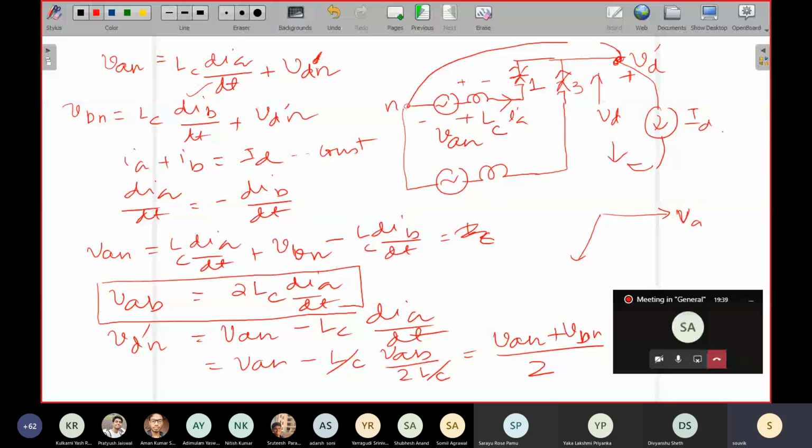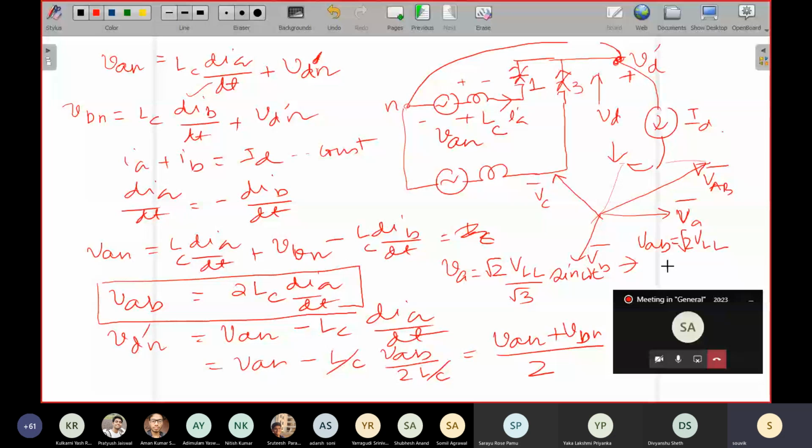If I consider VA equal to √2 times VLL, the line to line voltage, by √3, that is the phase voltage, sine of omega t, then you agree that VAB will have the expression √2 VLL sine of omega t plus 30 degrees, right? So I know the expression of VAB here, and I need to know the value of current.